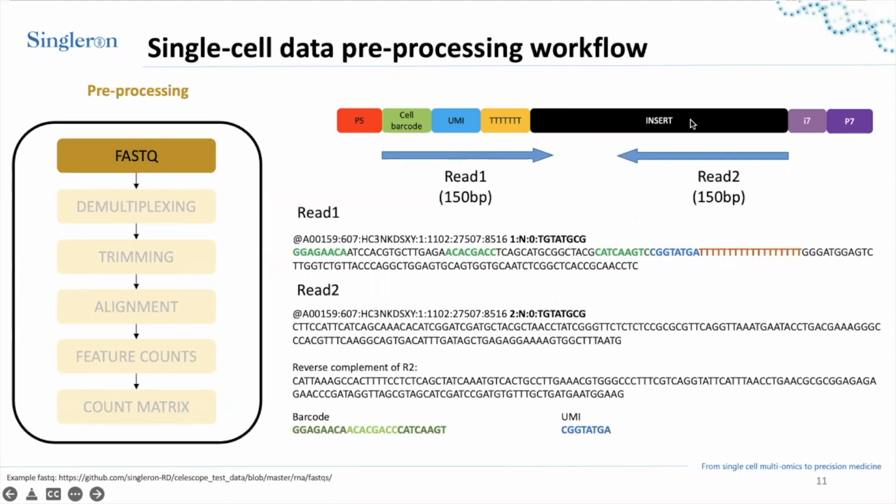Because here we can see sometimes the fragment can be long. So the read 1 and the read 2, they don't meet each other. Then it may be slightly difficult to use both read 1 and read 2 to map to the genome. Sometimes if the insert sequence is short, they do overlap with each other.